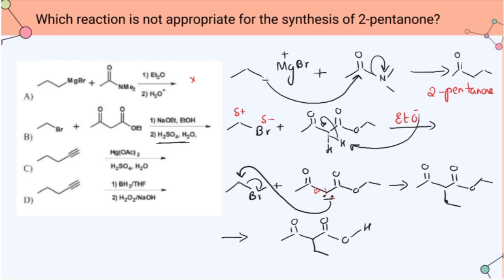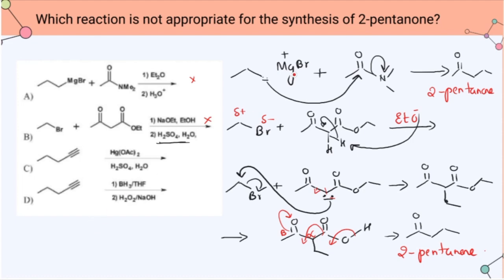And this carboxylic acid is a beta-keto carboxylic acid, and they are not so stable because they can undergo decarboxylation easily. So because it is undergoing decarboxylation, we are going to get 2-pentanone as a product. Therefore, this is also not the right answer. So it has to be either C or D.